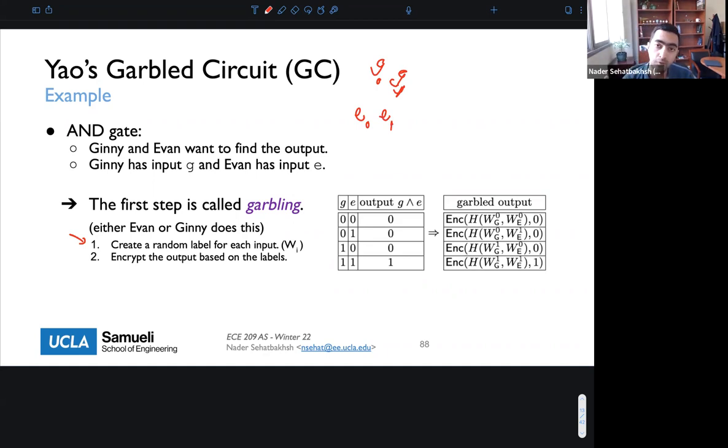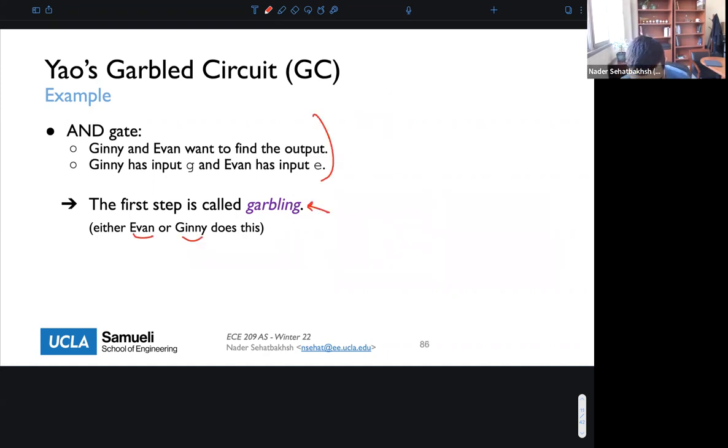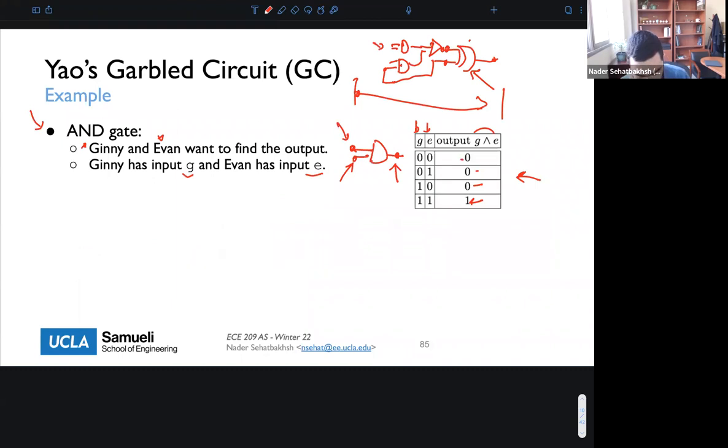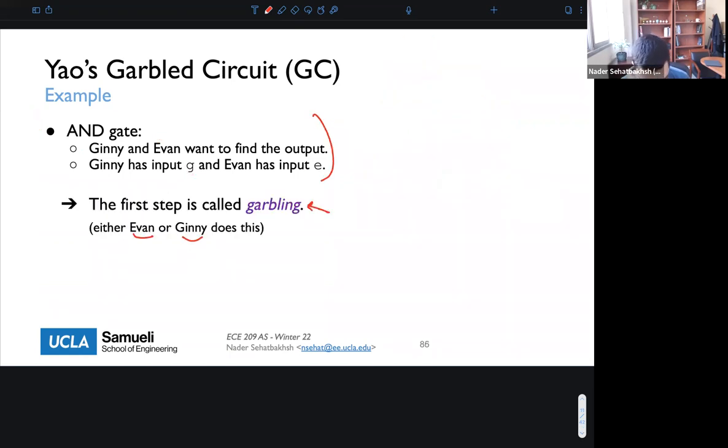Either G is equal to 0 or G equals 1, E equal to 0 or E equal to 1. To remind you what G and E are, we call this G, we call this E. Either this one can be 0 or 1, and either this one can be 0 or 1, so 4 different options, right? As we've shown here.